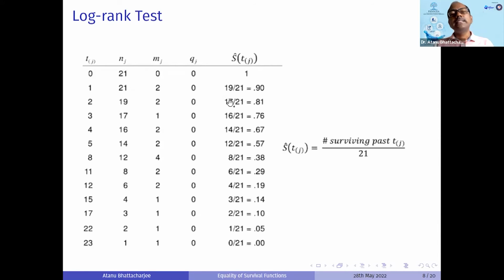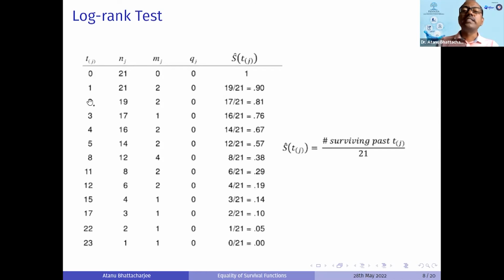But this is basically 17 out of 21 at that particular time point, that is, that month's survival. Once I go to the next slide, I will explain more. Let's say this is the typical survival.